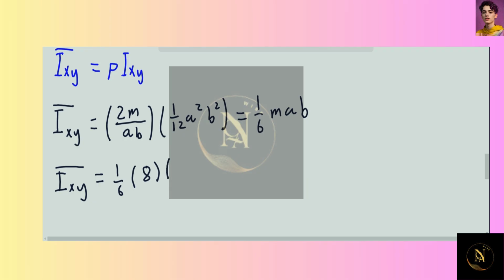The length A is given as 0.75 meters, and then B is given as 0.75 meters. And so this becomes 0.75 kilogram meters squared.